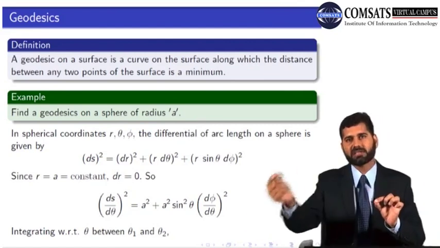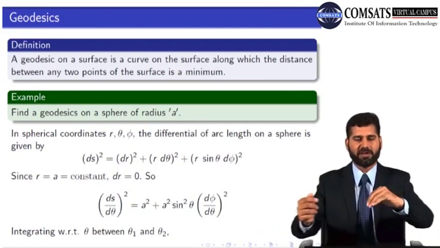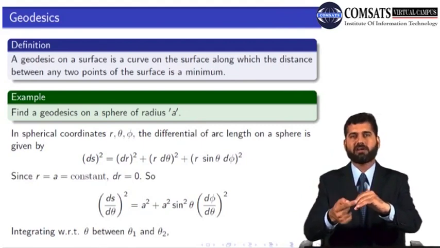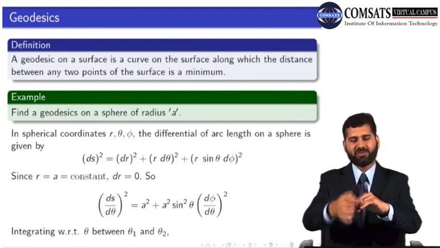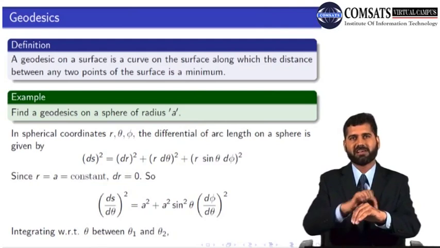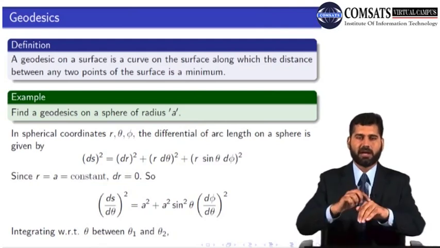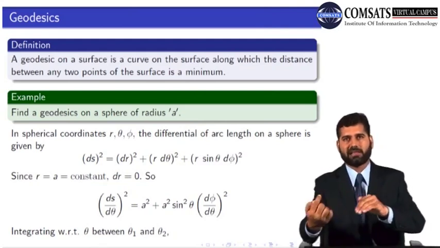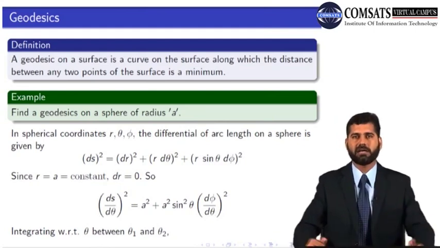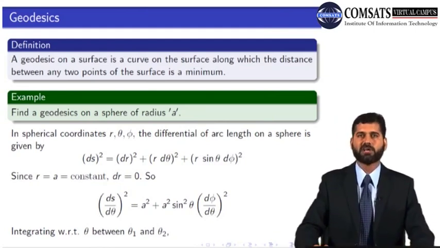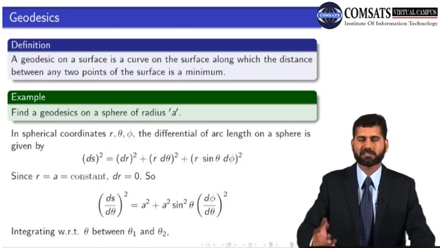Then you have to remain on the surface. So if it's a curved surface, then moving from a point here to here, you cannot go straight. You have to make the curve which is on the surface. But it depends whether you go like this or straight there, right? So it depends.